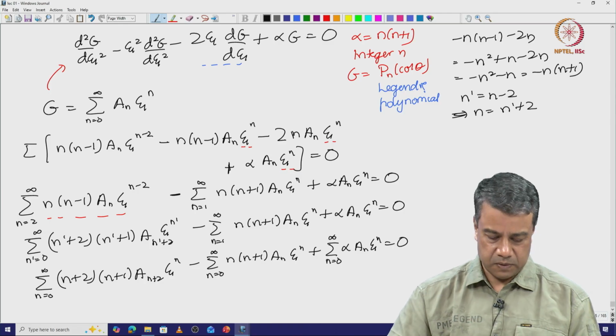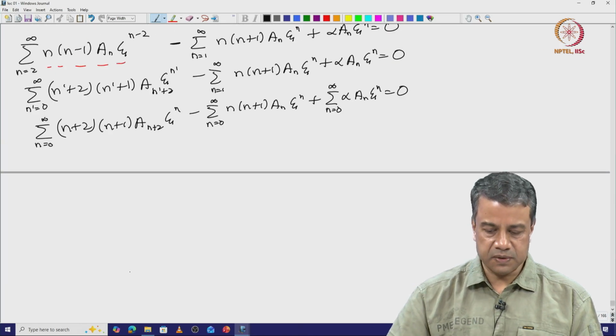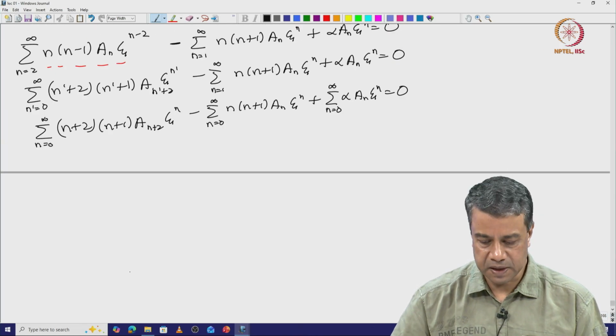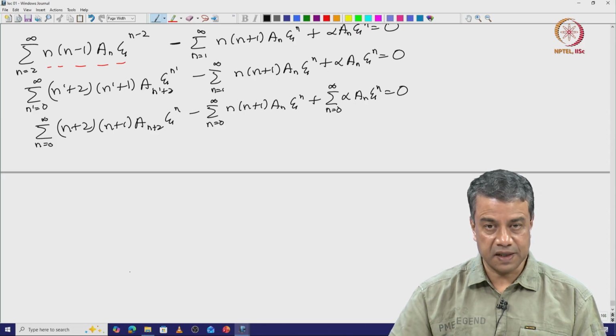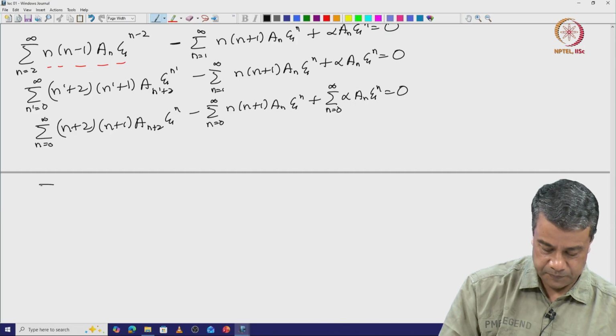This is equal to 0. Now, I have 3 summations with a common factor psi power n. Therefore, I can collect all terms that multiply psi power n.